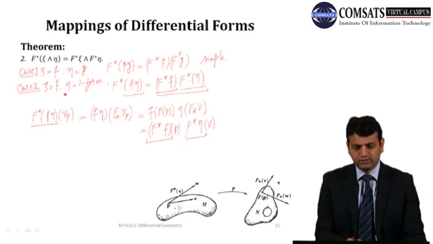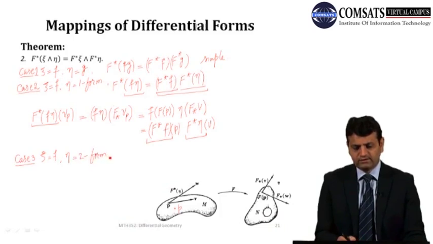So this is also true for this case when xi is f, a function, and eta is a one form. Similarly we can prove what will happen in the case 3 when xi is a function and eta is a two form.